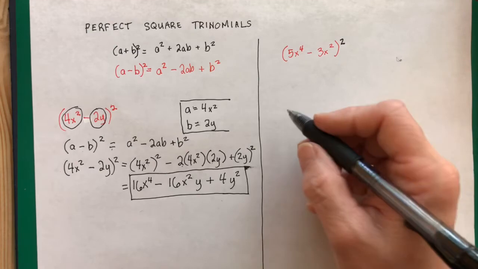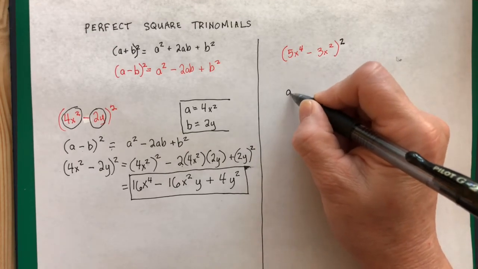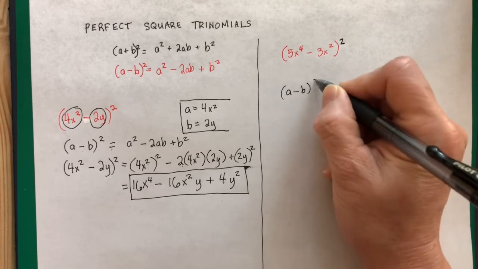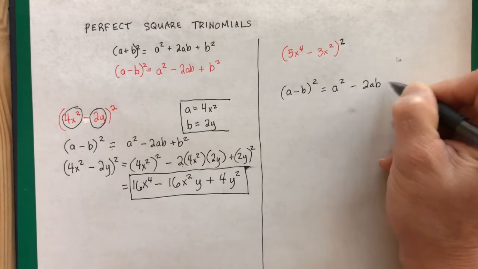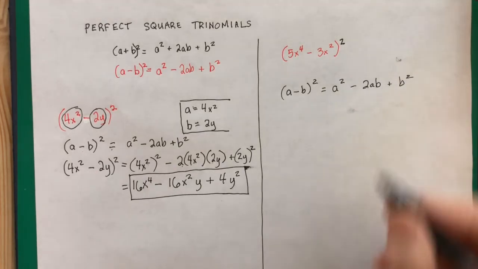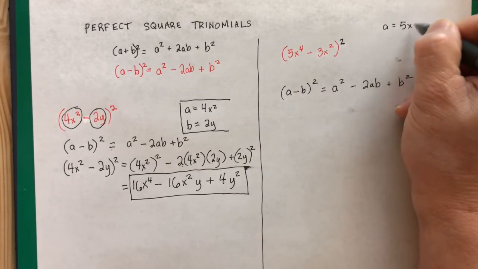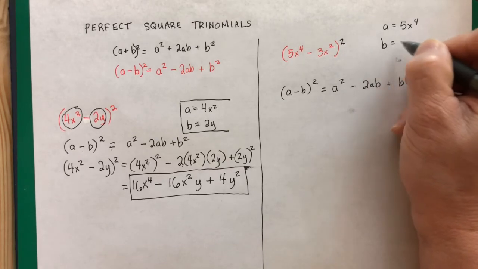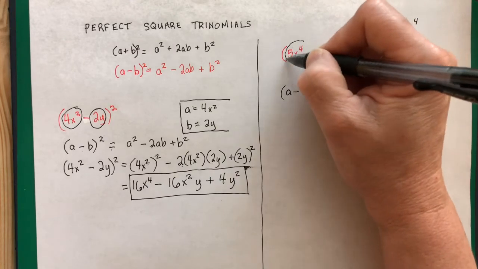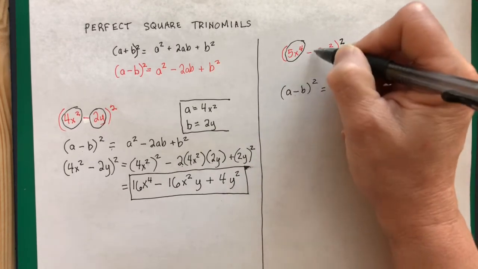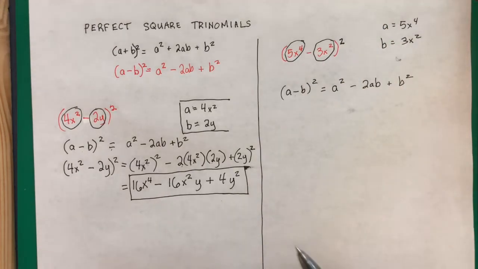Okay, let's look and see how to do this one. We have our formula, a minus b, the whole thing squared, equals a squared minus 2ab plus b squared. My a equals 5x to the 4th. My b equals 3x squared. Remember, this formula is a minus, see we have a minus here, b. So that's my b. I don't have a negative sign there. Now I'm going to substitute in.